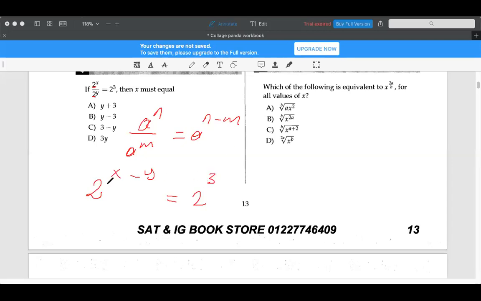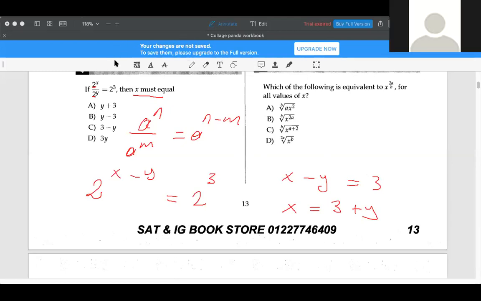Like the previous question, when the bases are equal to each other, exponents are equal to each other, okay? So the question is, what is x? If we make x alone, it will be 3 plus y, which will be the solution, okay? Question?